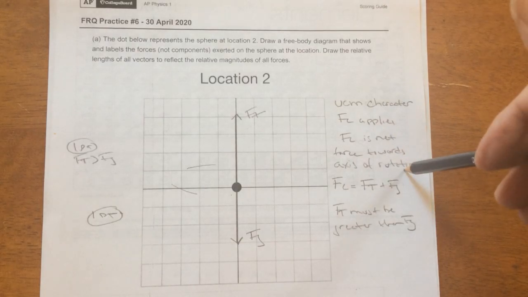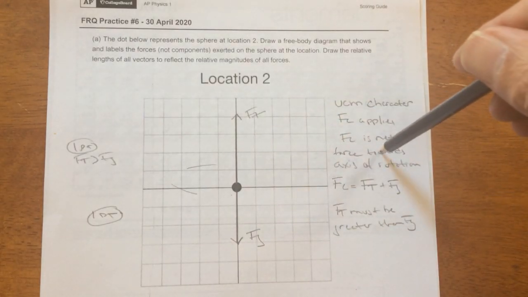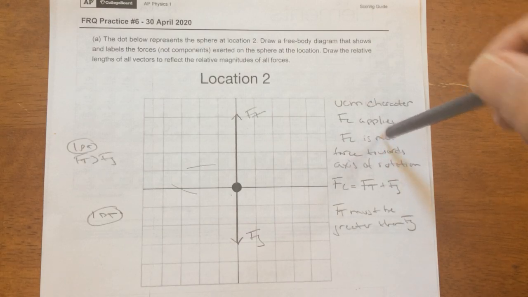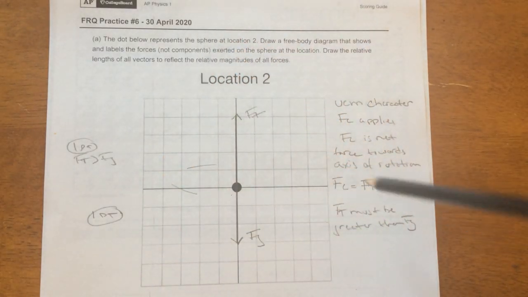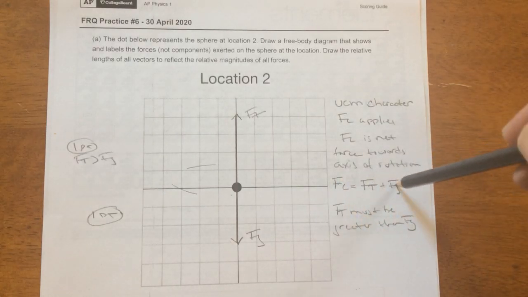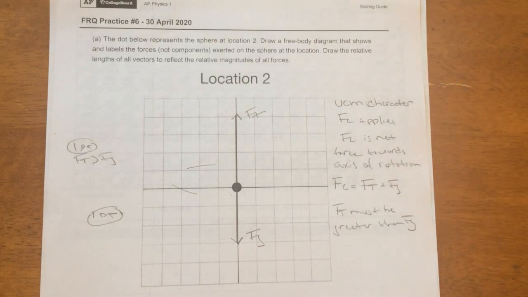It's the net force upwards. These are my notes. You don't have to write this on your assessment. It's just so you know where my head is and where yours is going to be too. Net force is going to be up towards the center of rotation, the axis of rotation. So centripetal force in this case is going to be your tension force plus your gravity force. That's going to give you a net force upward. So we're going to add those.